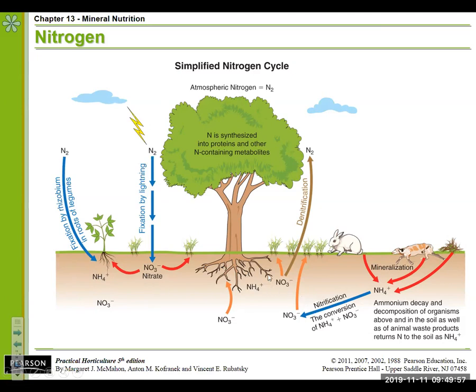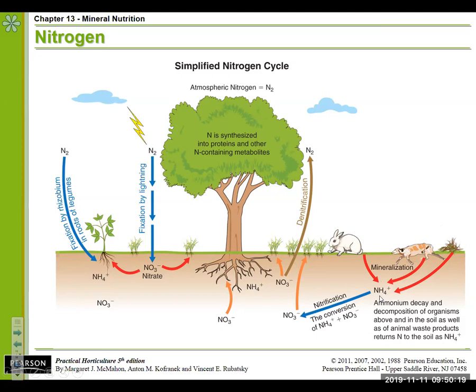Nitrogen is also found in the bodies of animals, for instance. As animals and their byproducts, their waste products, are emptied to the soil, they become part of it and are mineralized into ammonium in this case.